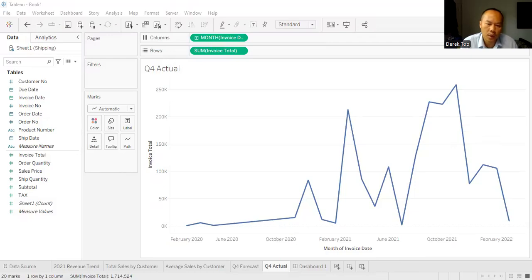The fourth weakness is that it lacks machine learning and AI. Because the variation between the actual and the forecast is so high, this model doesn't incorporate machine learning or AI, because if it did, there wouldn't be such a big variation. So that's the fourth weakness.